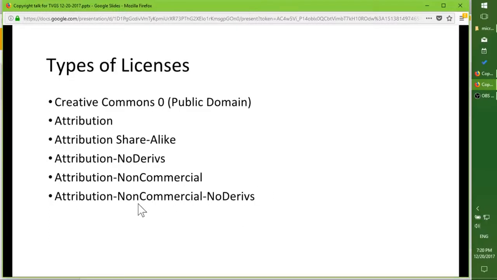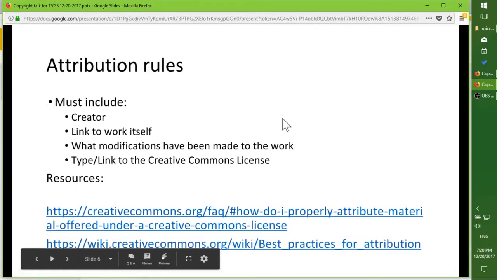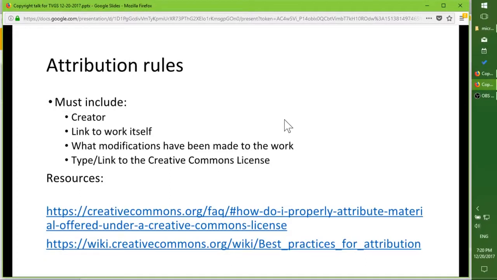Any questions about that? Nope. Okay. So attribution rules: you must include the creator, a link to the work itself, and what modifications have been made to the work. If you crop a photograph, like I frequently do for my Ren'Py visual novels, or put it through different filters, you should mention that, so people know it's not the original work and doesn't reflect the actual work of the original creator.